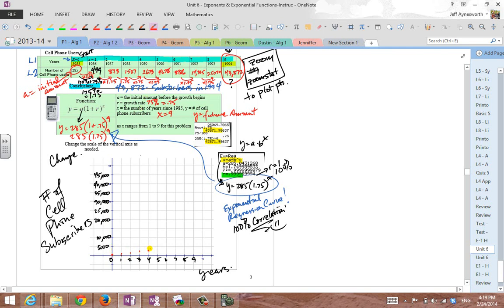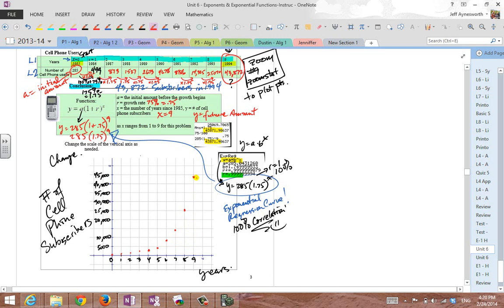At 5, 4,700, a little under 5,000. At 6, 8,200, a little under 10,000. At 7, 14,000, just under 15,000. At 8, 25,000, and at 9, 43,000.